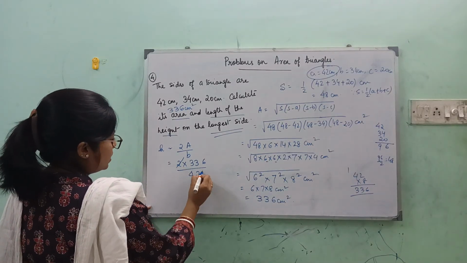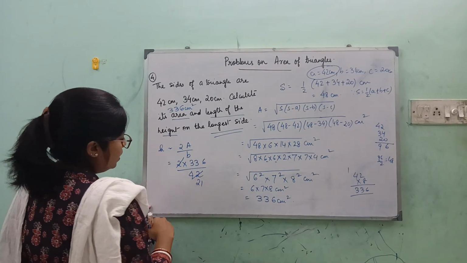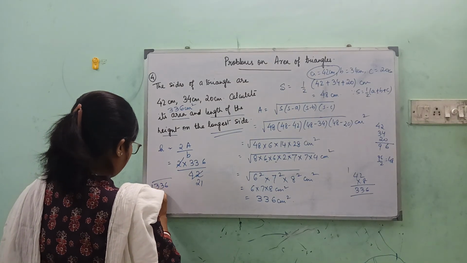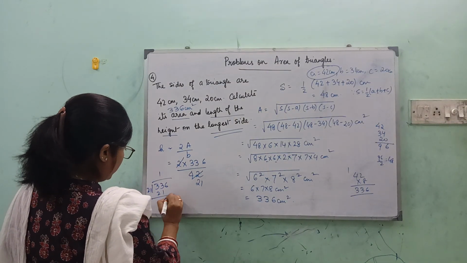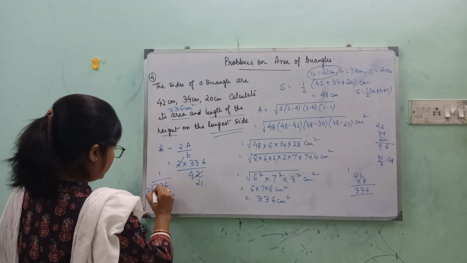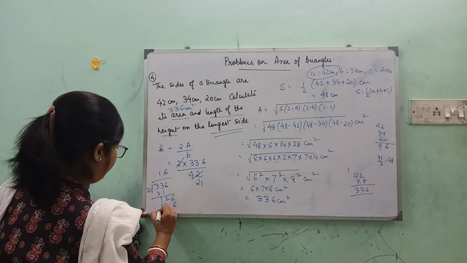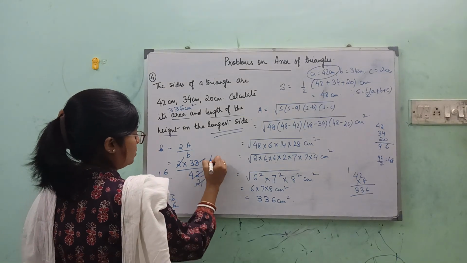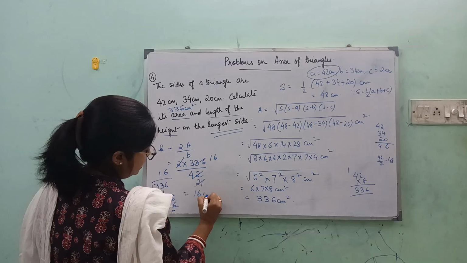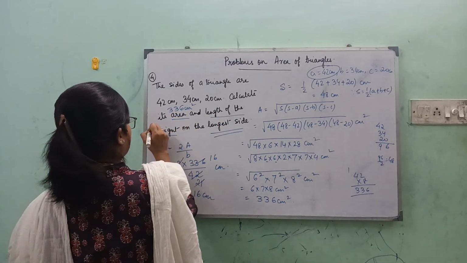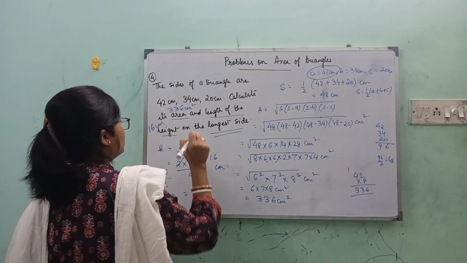Alright, so if you cancel this out, we get 21. 336 divided by 21 is 16. So that is your 16 centimeter. This is the second answer. Length of the height is 16 centimeter.